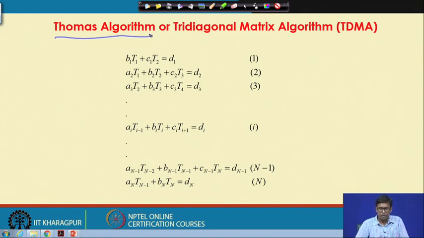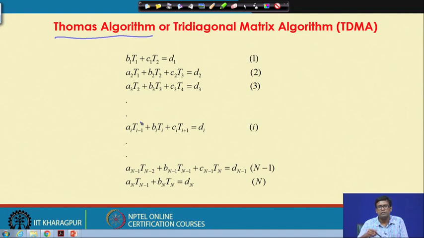So, we write down all the equations starting from equation 1 to equation n, and then we will do something like a Gauss elimination step. First, we will eliminate T1 from the second equation and then we will eliminate T2 from the third equation, and so on.